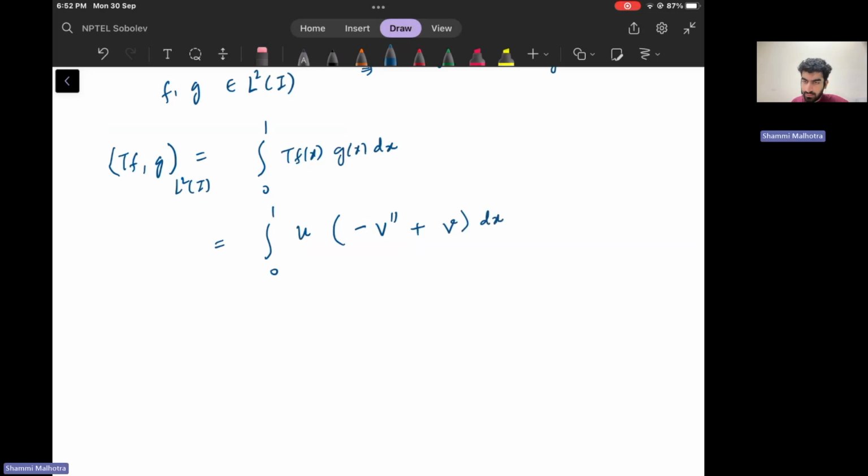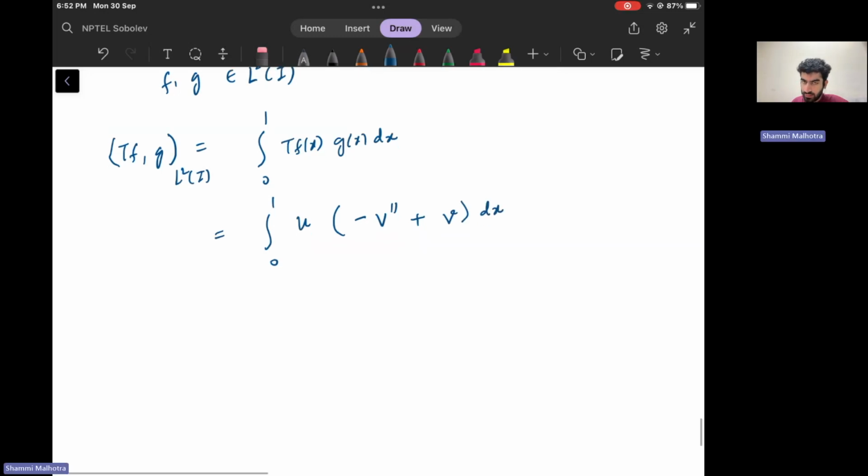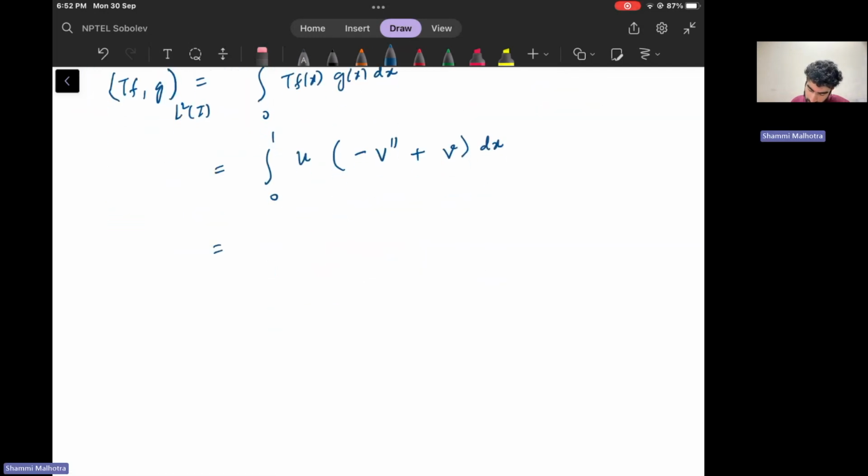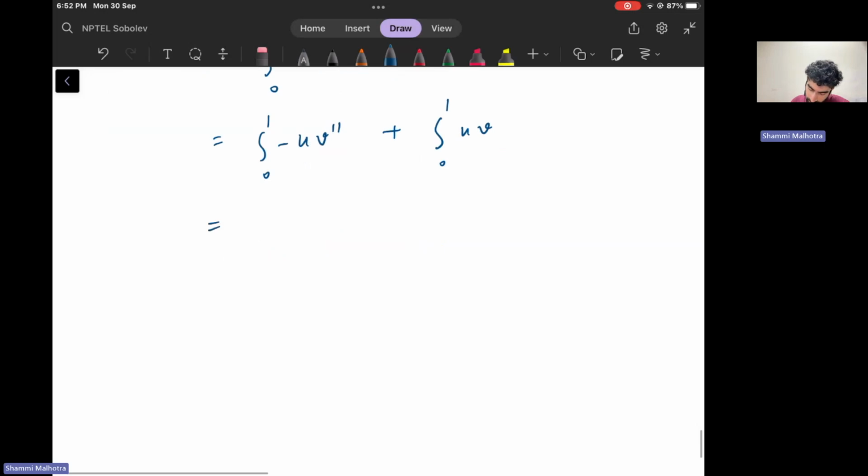So Tf I'm writing as u, and g has to satisfy the equation. So this is integration 0 to 1 of minus u v double dash plus integration 0 to 1 of uv. So now using integration by parts, we have 0 to 1 of u dash v dash plus minus u v dash from 1 to 0, plus integration 0 to 1 of uv.